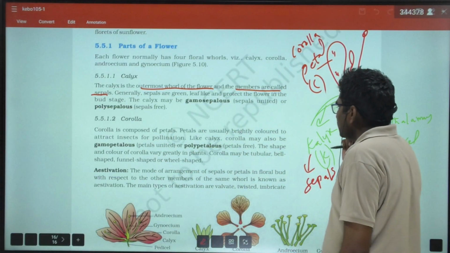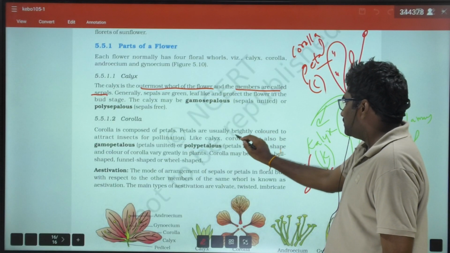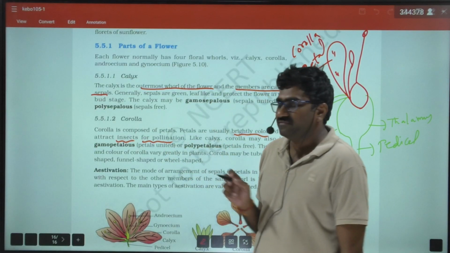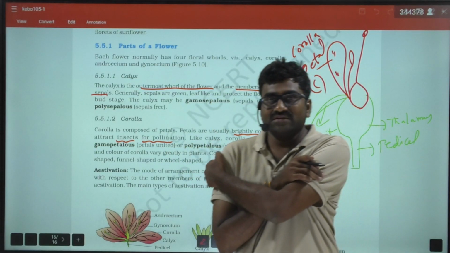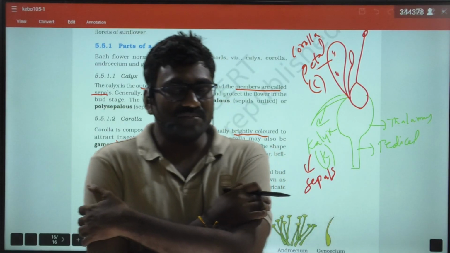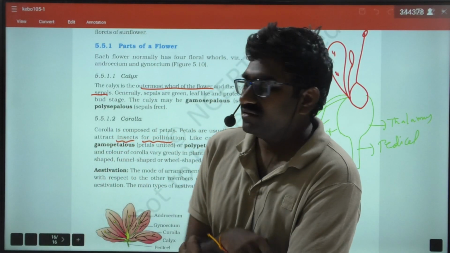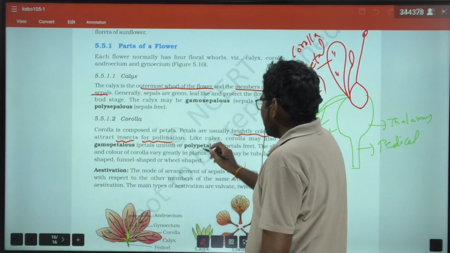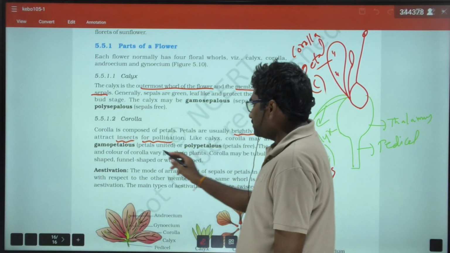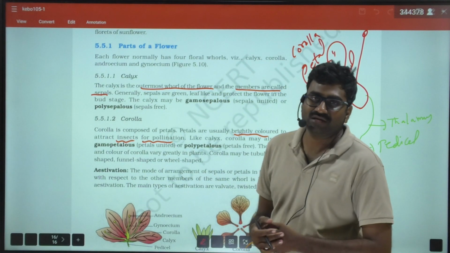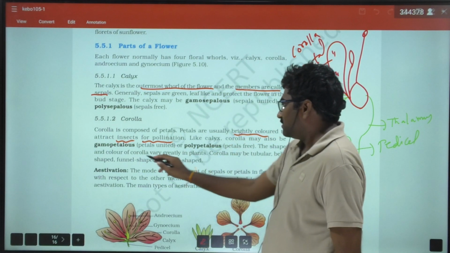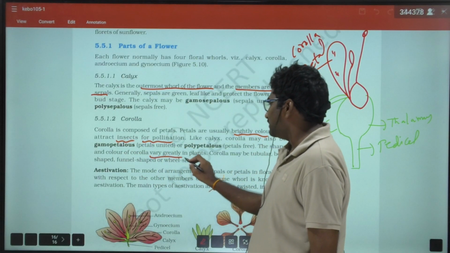Petals are usually brightly colored to attract insects for pollination. Very important. Usually these petals appear in different colors to attract insects, mainly for pollination. Like calyx, corolla may also be gamopetalous or polypetalous. The shape and color of corolla vary greatly in plants.